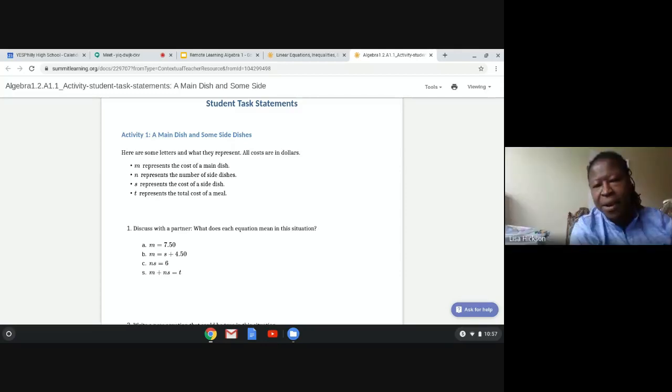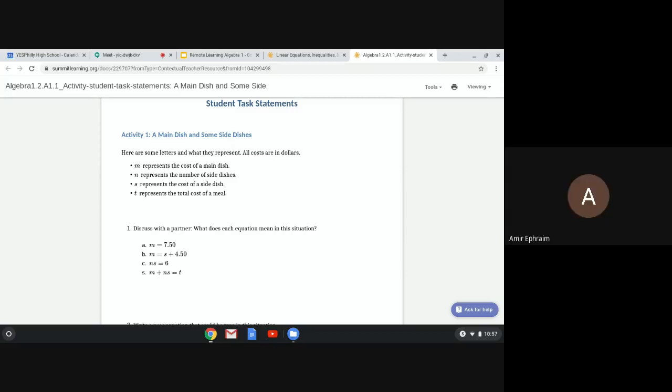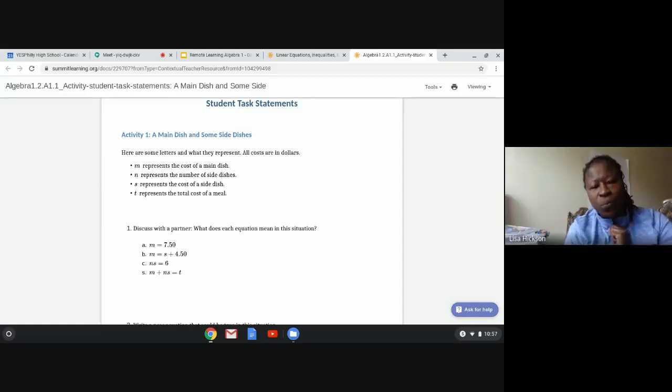Is everybody there? Yeah. This one is not popping up. All right, so that we don't waste time, just look at the screen because I have it up also.